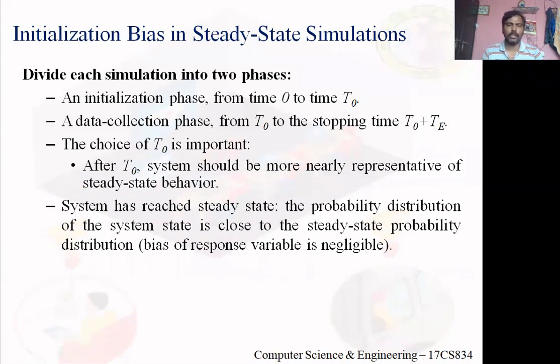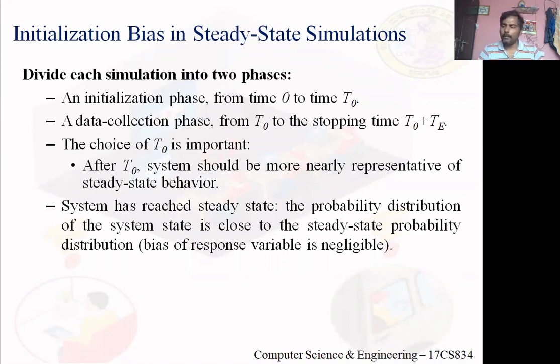So this is called the initialization phase. Once the clock reaches t0, from that time to an end time, we can collect the data. Clear? So this is the second method of minimizing the bias.